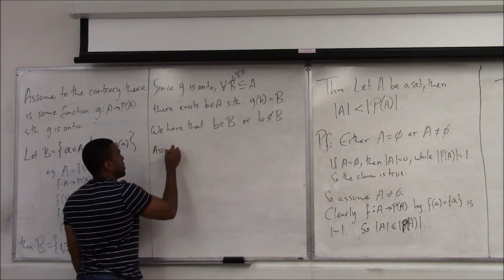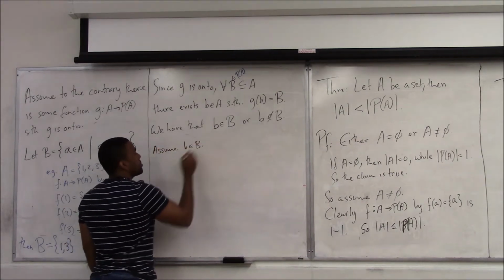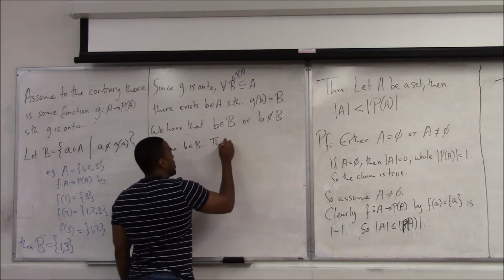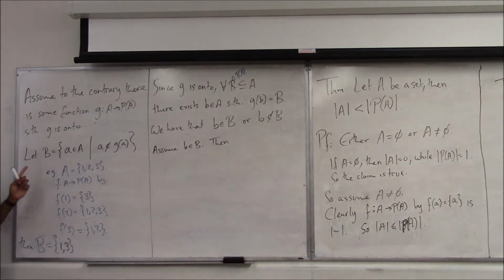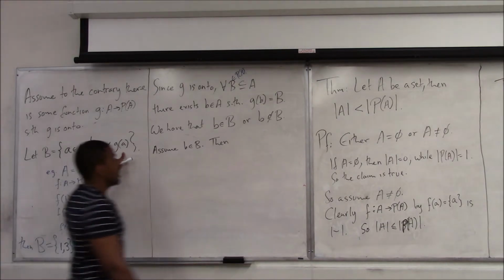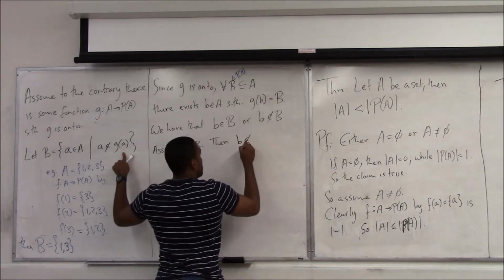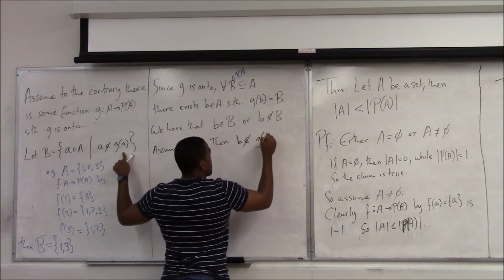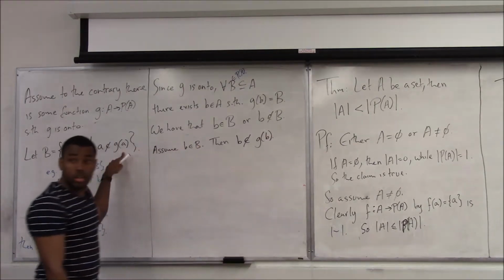Assume B is in B. Then, what does it mean to be in B? Right? It is an element that is not a member of its own image. Then B cannot be in G of B, right?